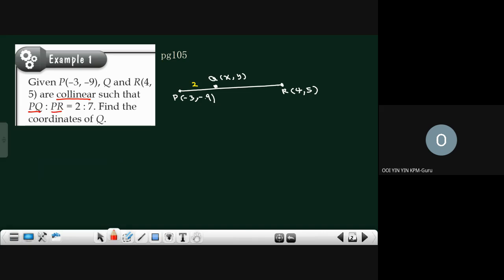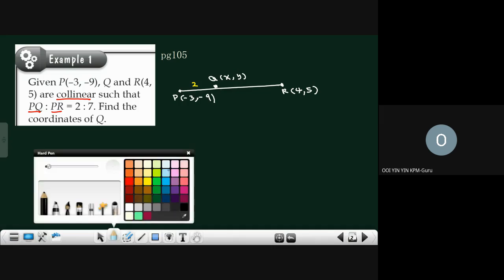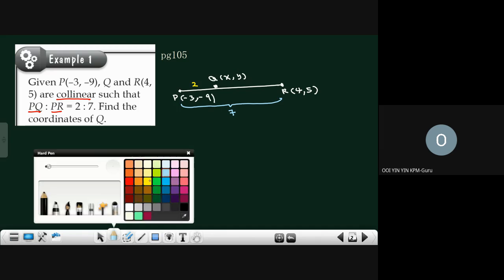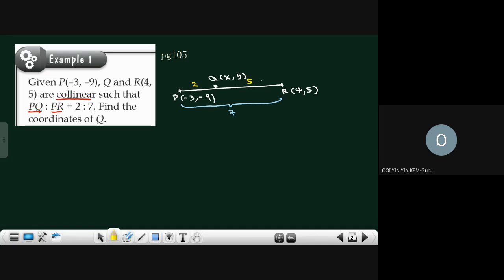P to R, not Q to R. That means from here to here is 7. So if overall is 7, and P to Q is already 2, how many are left for the ratio from Q to R? That would be 7 minus 2, which is 5, right?